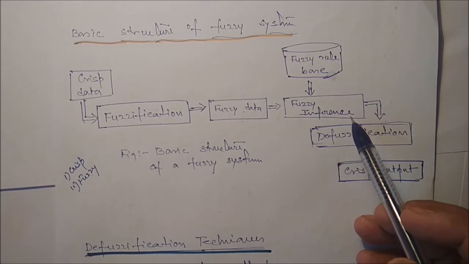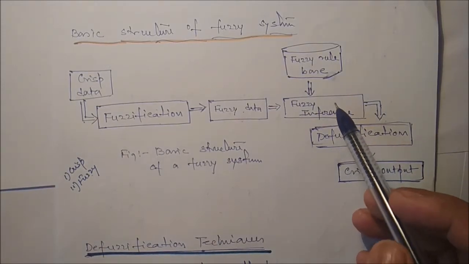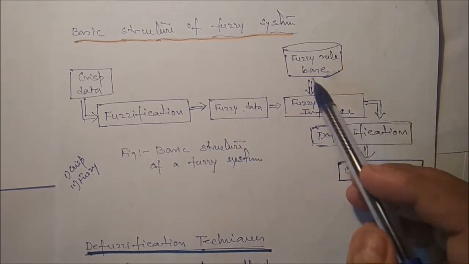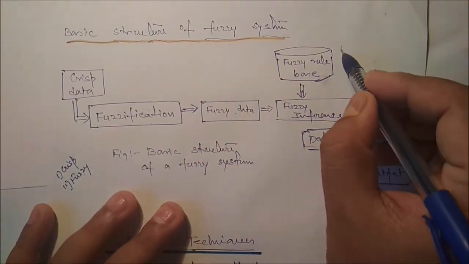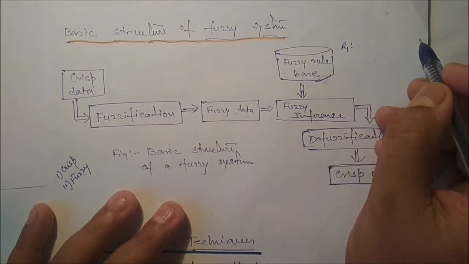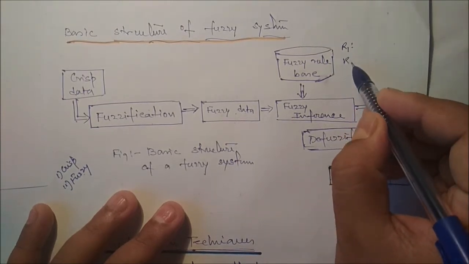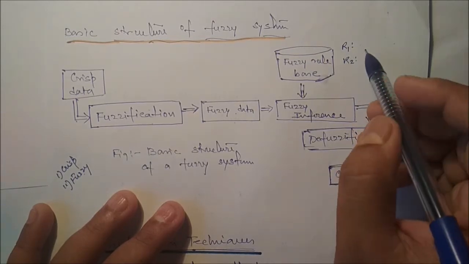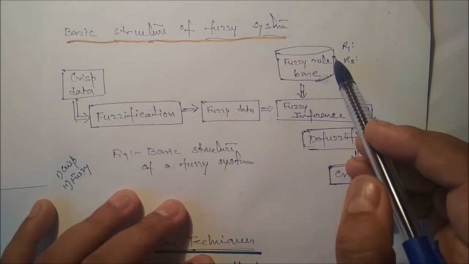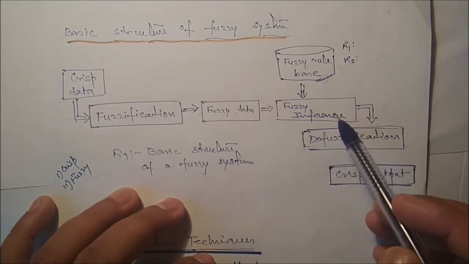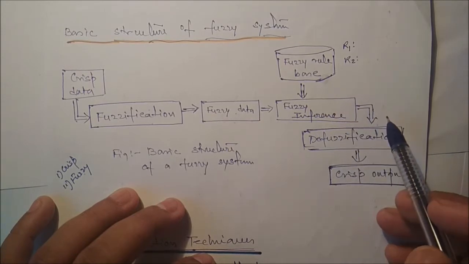Next step is fuzzy inference. Here we take the decision. For fuzzy inference, we need a fuzzy rule base. Already we know different rules are there, like: if x is capital X, then y is capital Y. Rule 2: if x is capital W, then y is capital Z. The rule-based system contains all these rules, and with the help of rules and input data, fuzzy inference gets some conclusion.